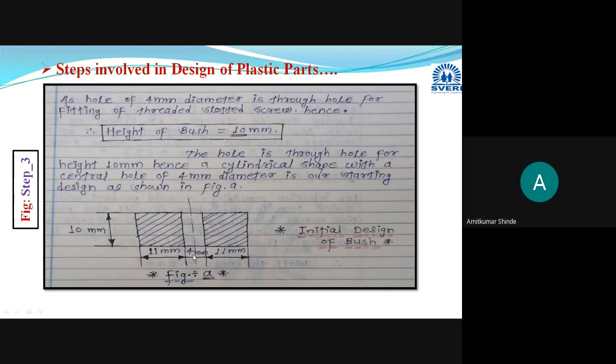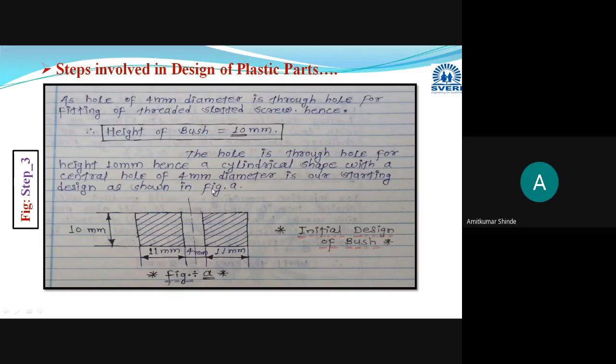For that we are going to calculate the stress acting on a single bush. To determine the stress, the formula will be the load acting on a single bush divided by its area. Now the area we can calculate from this initial design.